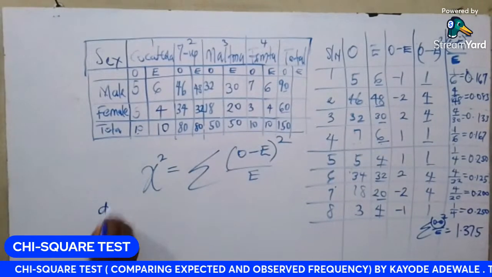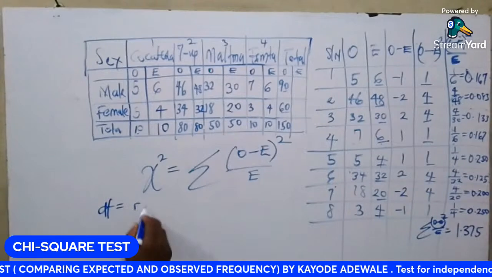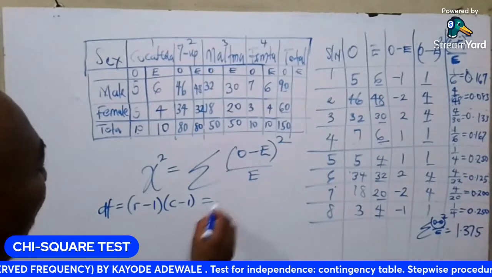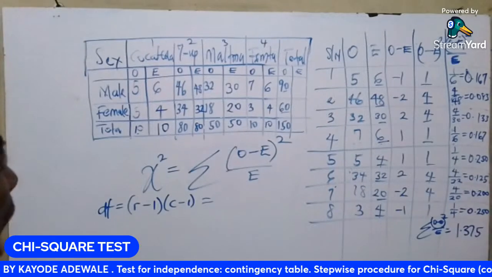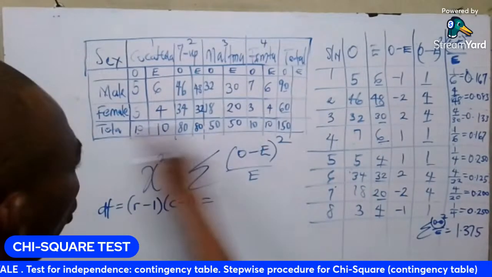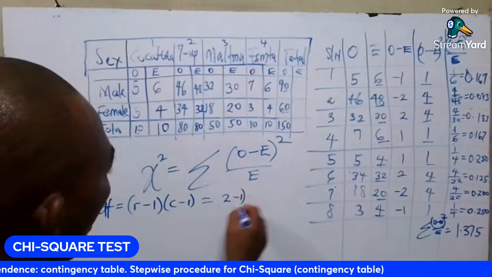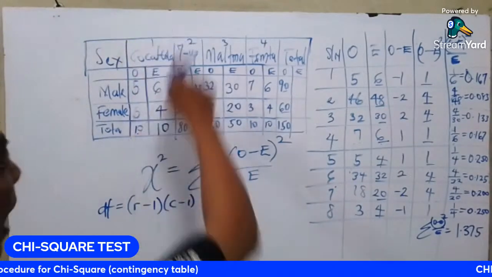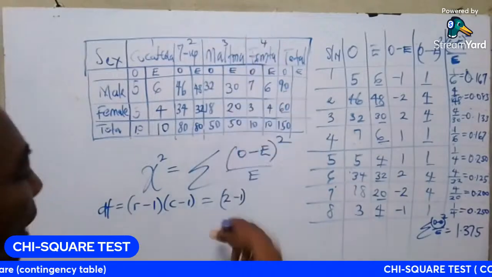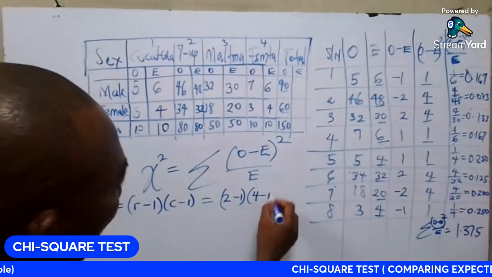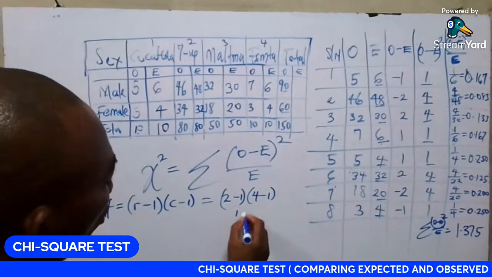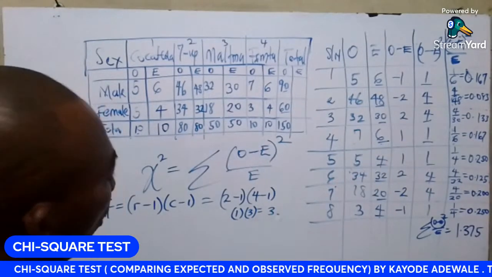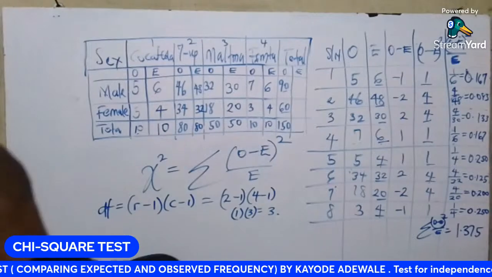I said for you to get your degree of freedom, it is row minus 1 into column minus 1. How many rows do we have here? 1, 2, which is 2 minus 1. How many columns? The products are Coca-Cola, 7-Up, Martina, and Fanta, which is just 4 minus 1. When you take 1 away, this is 1. When you take 1 away, this is 3. 1 multiplied by 3 is 3.